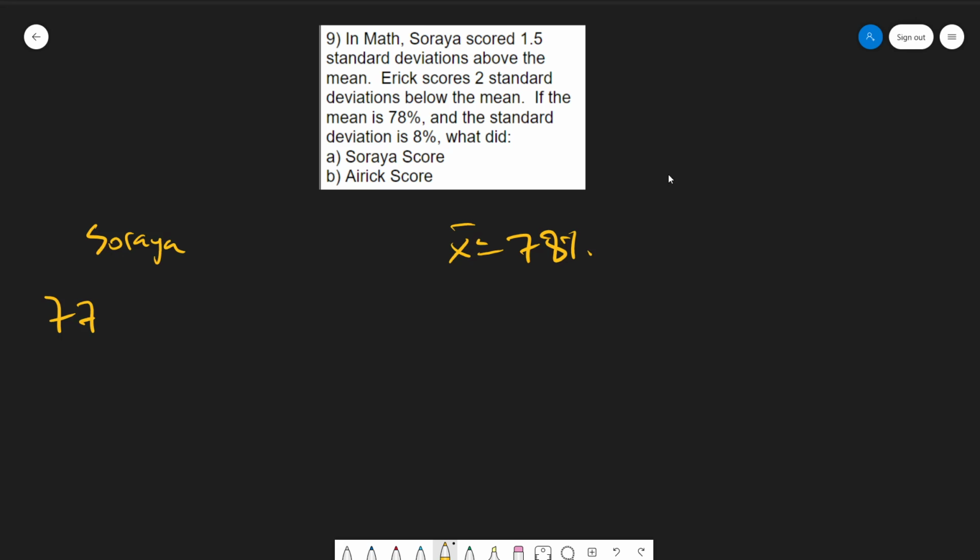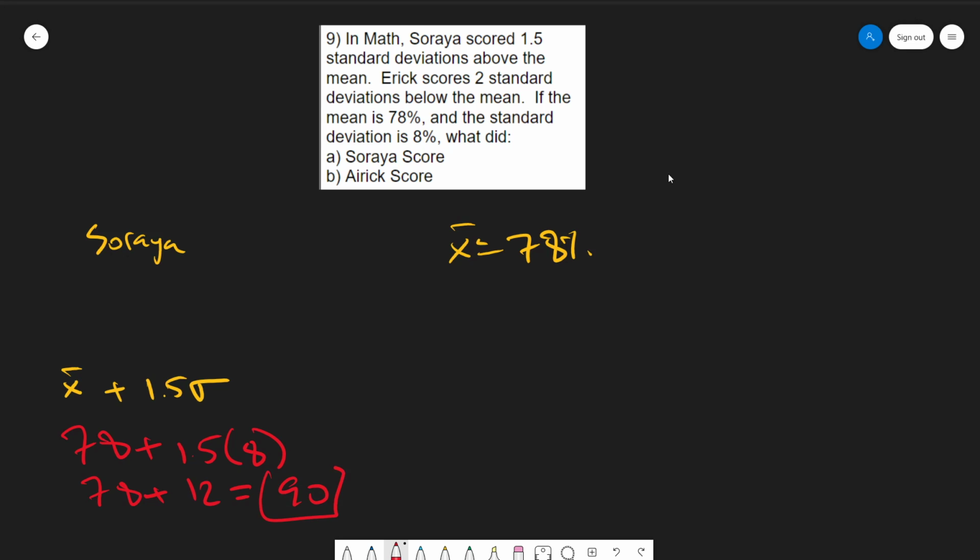So we're going to have 78, the mean, plus how many standard deviations? 1.5. So she scored 78 plus 1.5 times that 8%. 78 plus 12 gives her a score of 90.